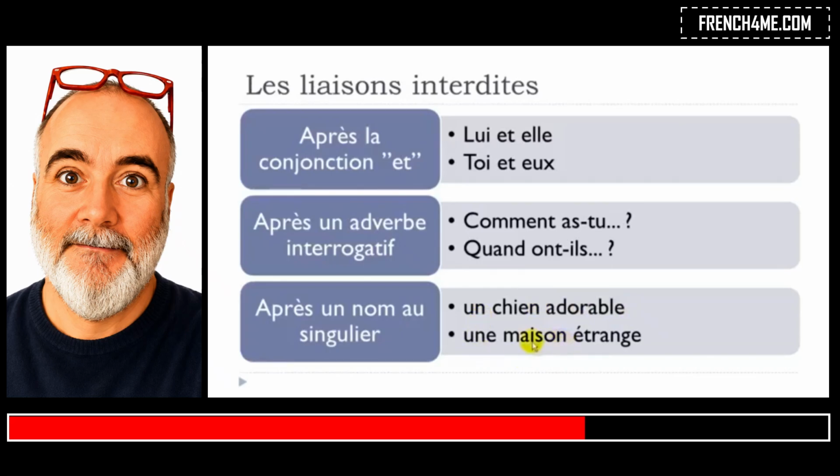Same thing here, une maison étrange. House, and then étrange, strange. Une maison étrange, un chien adorable. Remember, you shouldn't make any liaison here after this word and after this word.